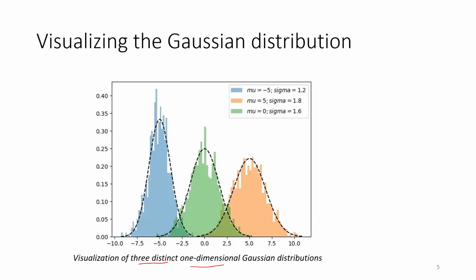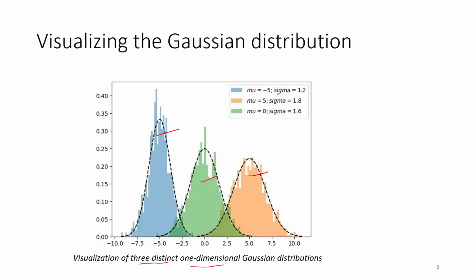What we can observe is the mu value: it is -5 for this graph, the average value is 5 for this graph, and the average value is 0 for this graph.